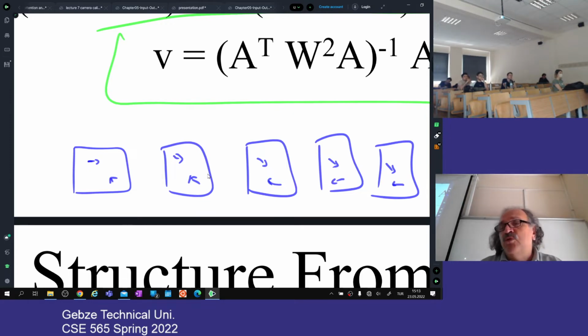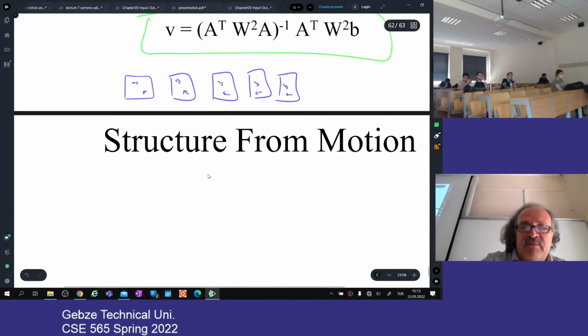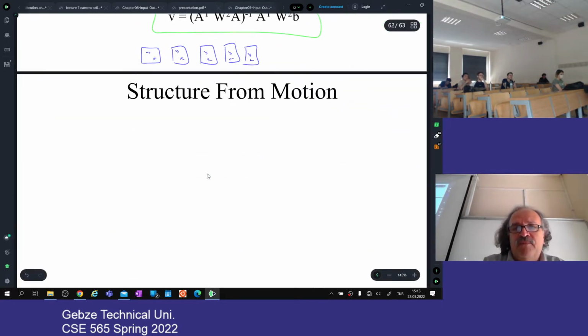What am I going to do with these? How am I going to solve the structure from motion problem? This is usually what you would do, let's say if the scene is not moving. If this is my object A, object B, and object C, and if my original camera is at this position, my next camera position is here, and the other one is here.